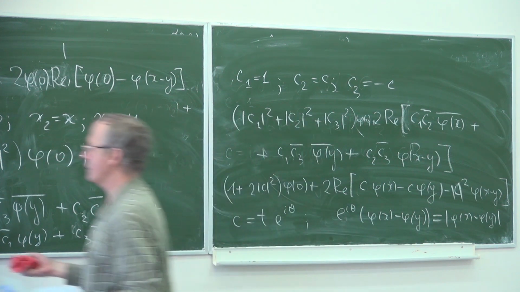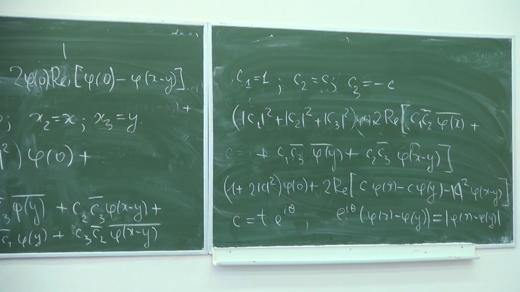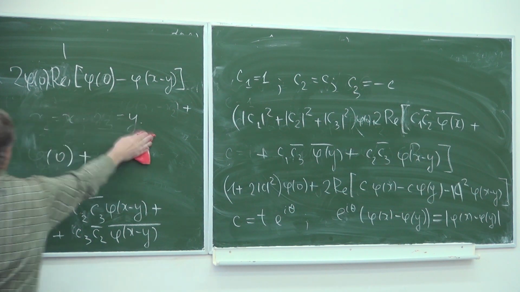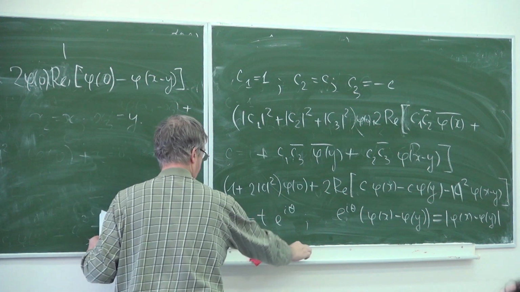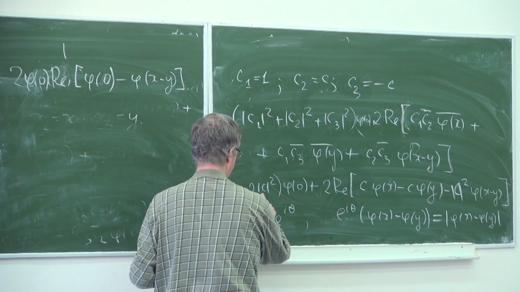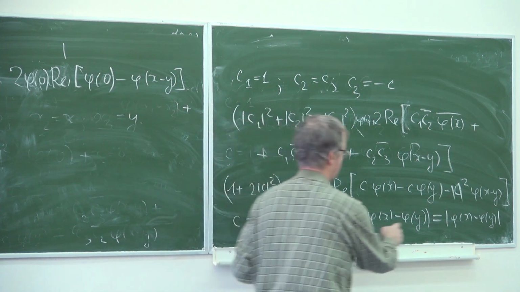So let's write this as a quadratic polynomial. So what do we obtain? So t squared will come from here and from here.